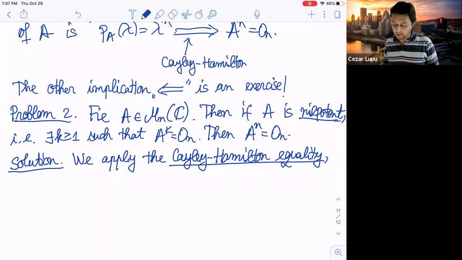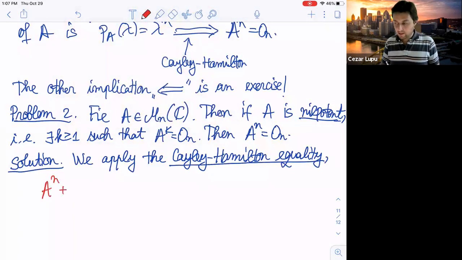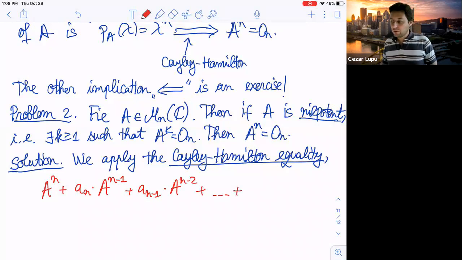We can write it in this way: A to the power n plus a sub n times A to the power n minus 1 plus a sub n minus 1 times A to the power n minus 2, and we keep going all the way to a2 times A plus a1 times the identity.